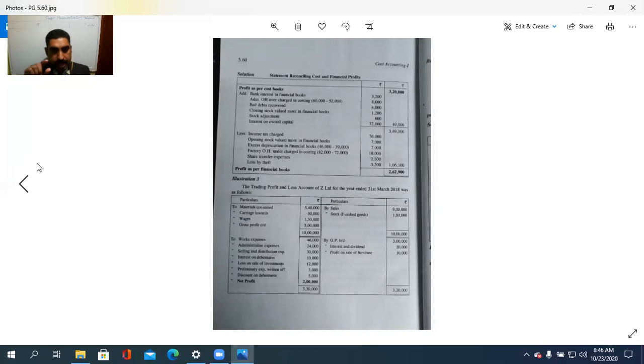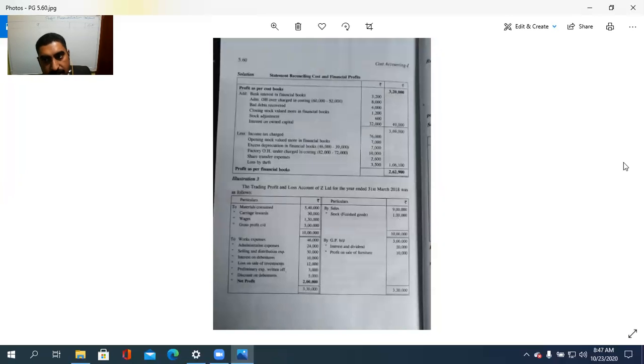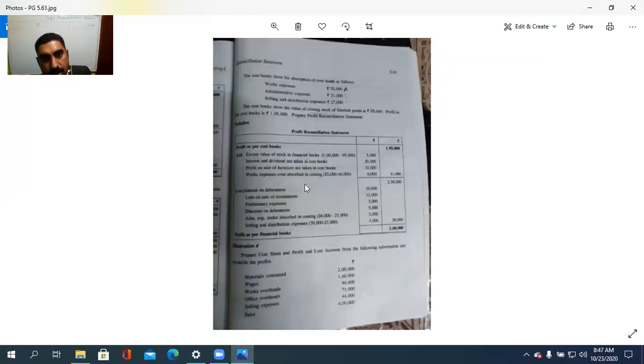So in two cases, administration and selling, more is there, need to reduce it, and work expenses need to increase it. That is one adjustment. Then the cost books show the value of closing stock as 95,000. Here what is the closing stock? 1 lakh. So that needs to be reduced, isn't it? So what are the things that need to be taken care of?